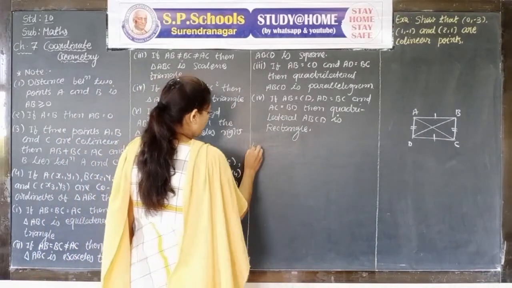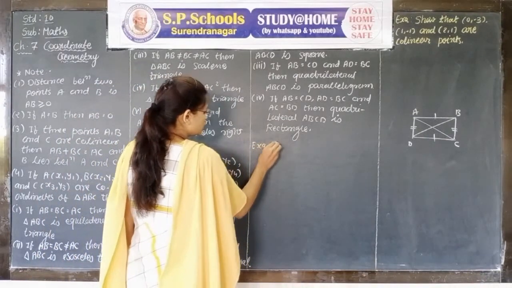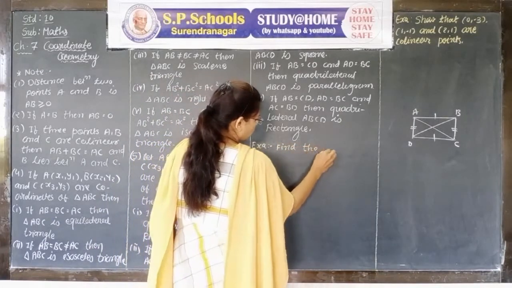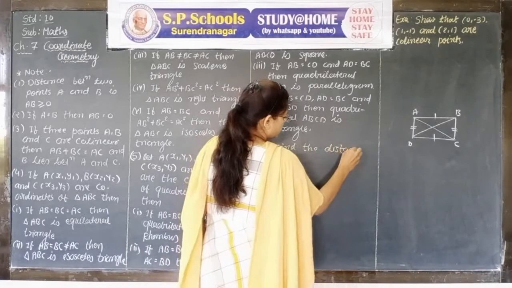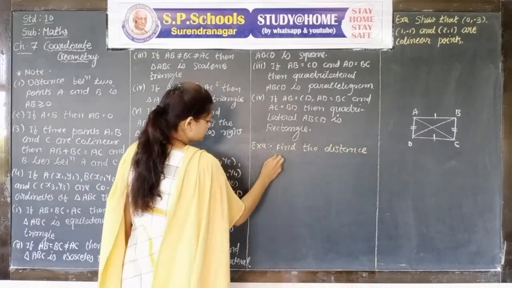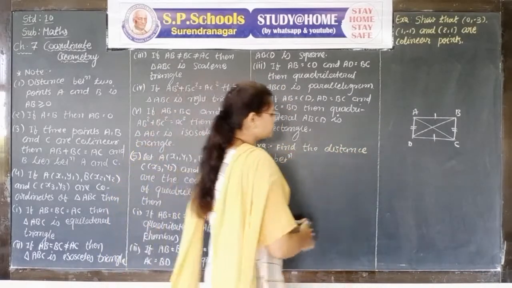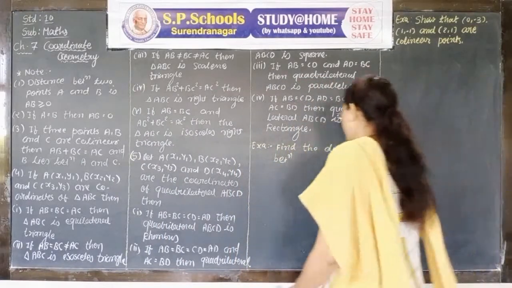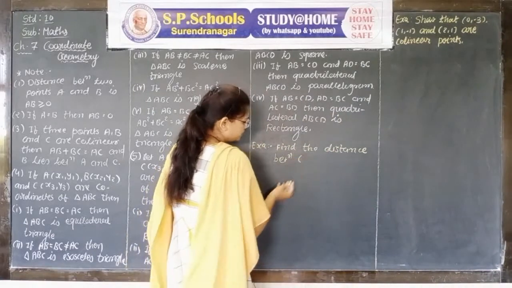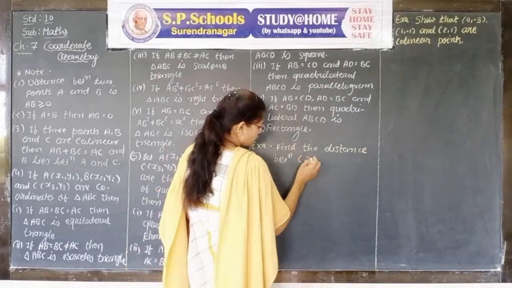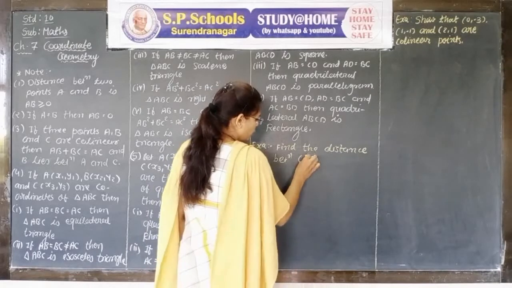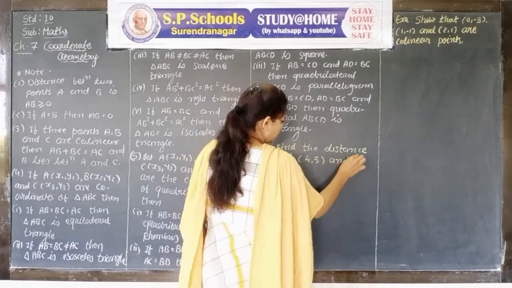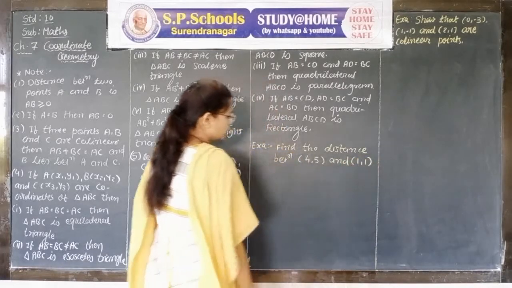Now we see one example to find the distance between two points. Find the distance between, let us take 2 points, suppose 4, 5 and 1, 1.